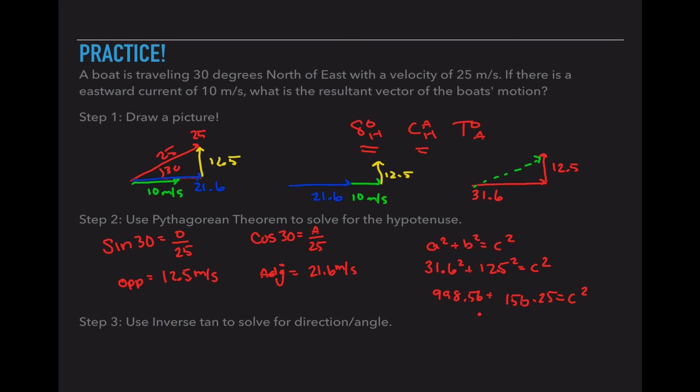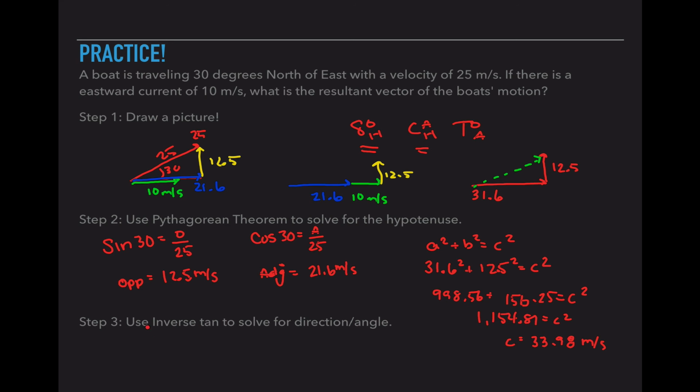When we add those together, we get 1,154.81 equals c squared, and c equals 33.98 meters per second. So with that northeast velocity and the eastward current, instead of just traveling the 25 meters per second that we set out to travel, we're really traveling 33 meters per second.